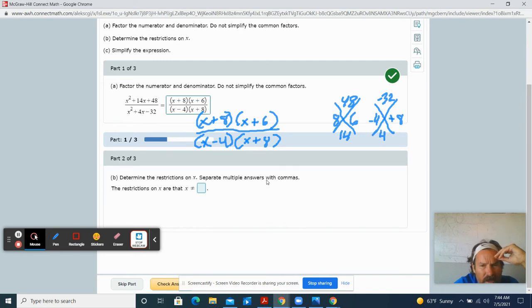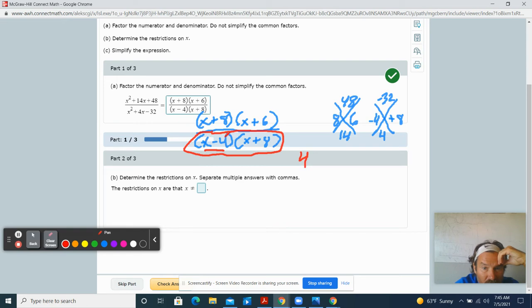Remember, we use that word undefined when we divide by 0, and so to find the restrictions, we simply look at the denominator and find all the different x values that make the denominator equal to 0. It says separate multiple answers because sometimes there are 2 values that make your denominator 0. Let's think about this one for a second. What value of x would make that 0?